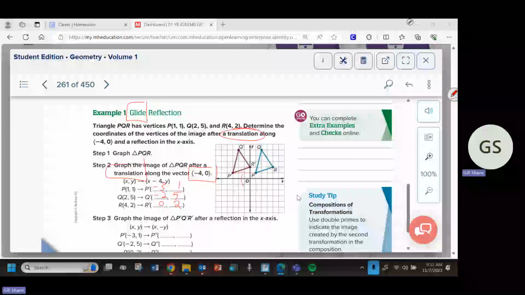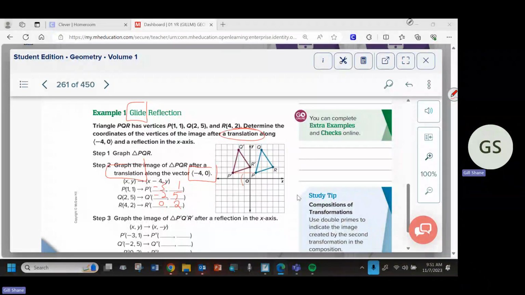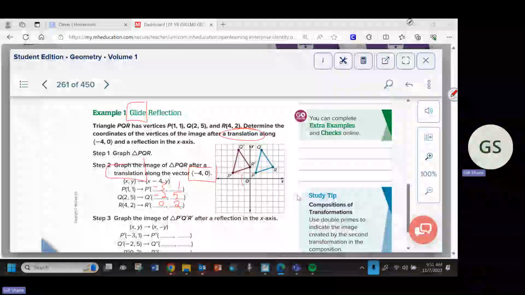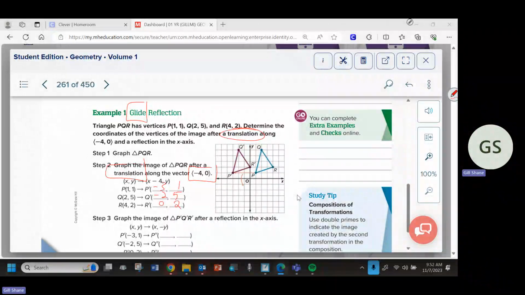R is at (0, 2). So there's (0, 2). Q is at (-2, 5). Well, there's (-2, 5). And then P would be at (-3, 1). Well, there's (-3, 1). So don't forget about that addition thing, because sometimes that's the easiest way to do it.